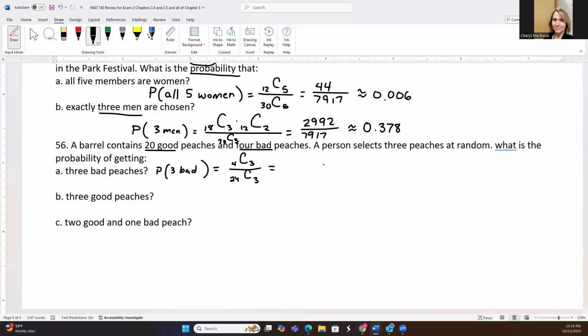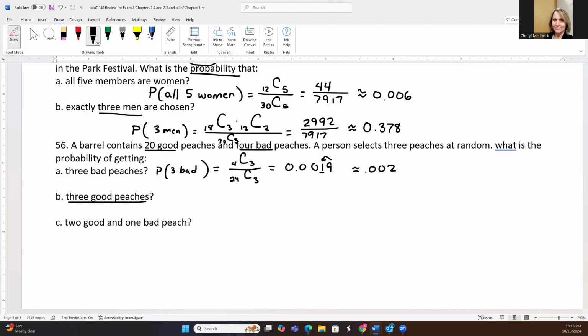All right, if we do that calculation, Desmos tells us it's 0.0019, which we're going to round to the third decimal place as 0.002.